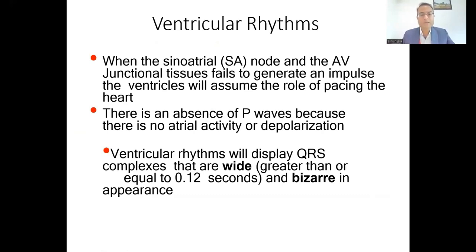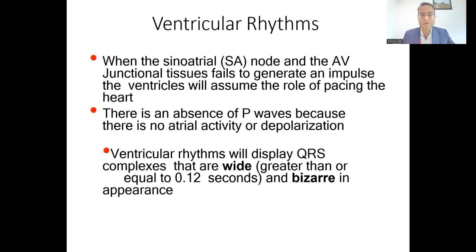Then coming to the ventricular arrhythmias. These appear when the SA node, AV node and the junctions fail to generate the impulse, and then the ventricles assume the role of pacing the heart. As there are no SA nodal impulses, there is no P wave, and there is no atrial activity or depolarization.